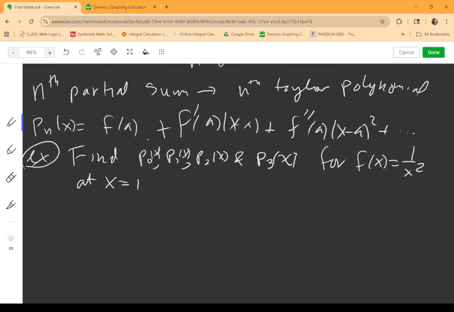So these are the Taylor polynomials, not centered at 0, which would be the specific Maclaurin polynomial, but the Taylor polynomial centered at 1.